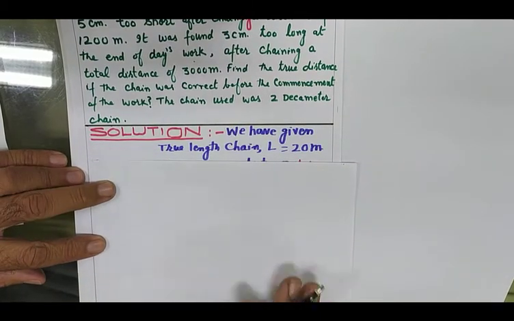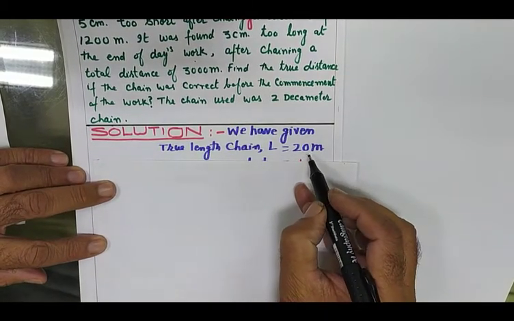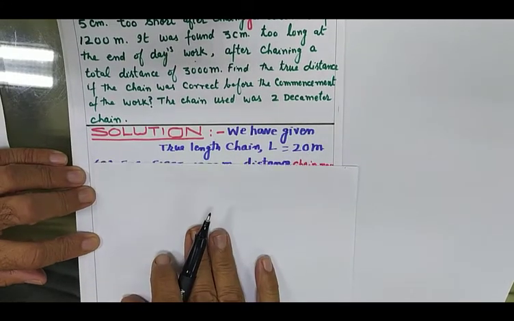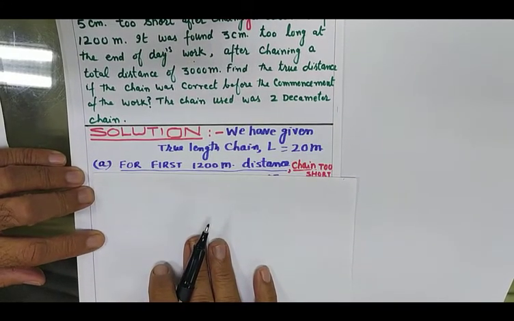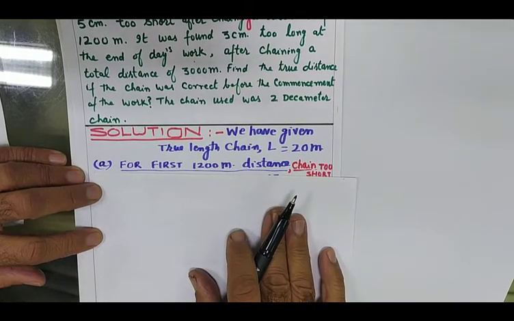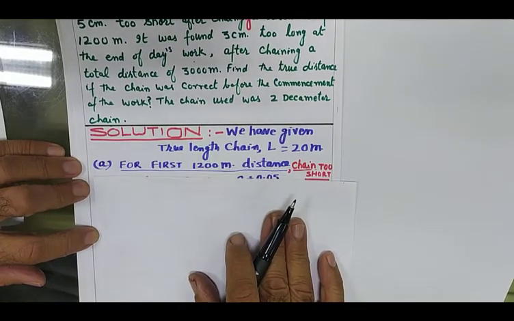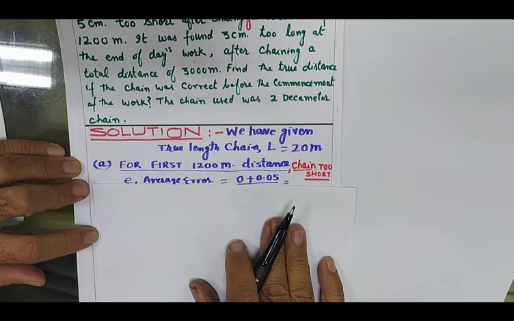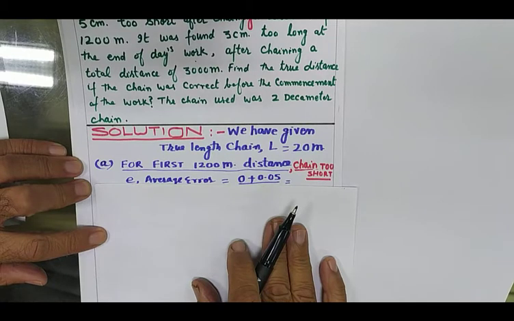We have given the true length of the chain as 20 meter. Then in the first case, for the first 1200 meters distance, the chain was too short by 5 centimeter.